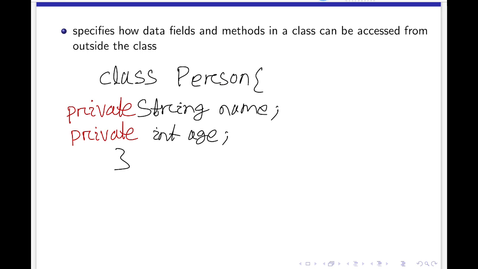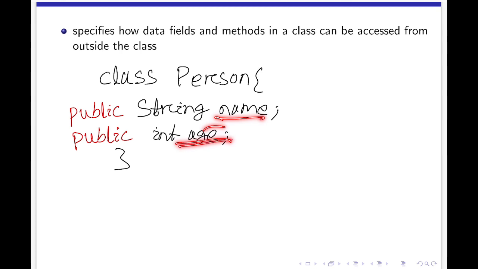Another one is public. So if we write public here, then from any class we can access these two data fields, name and age. So public means from any class you can access this. These are available to the public.